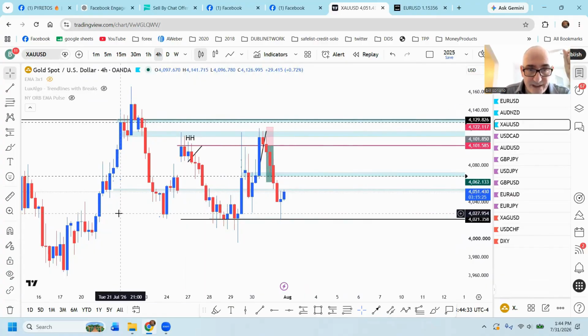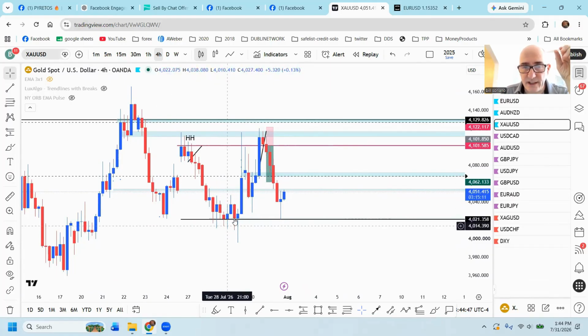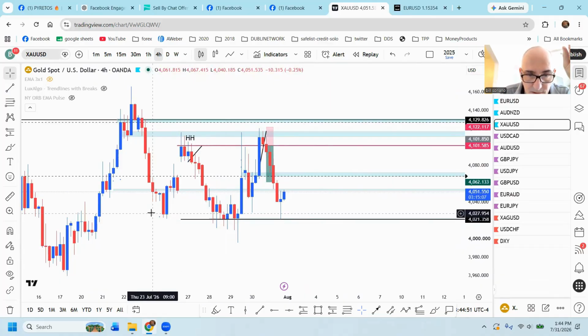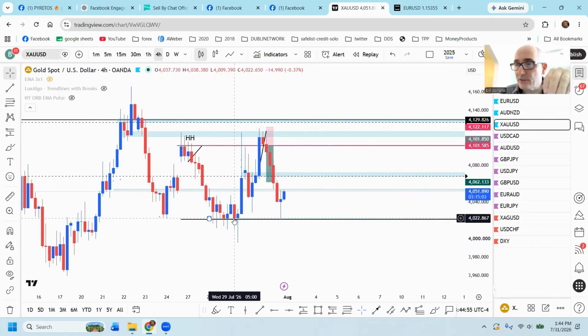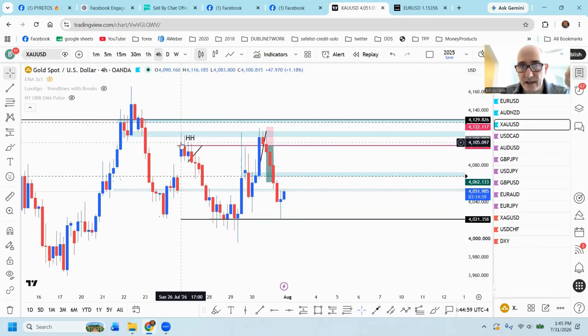The reason why we're bearish on gold is because our last true break of structure was to the downside, and that's right here. So we asked ourselves, is this low here lower than this low here? The answer was yes. So if that is the lower low at that point in time, then this was our higher high.